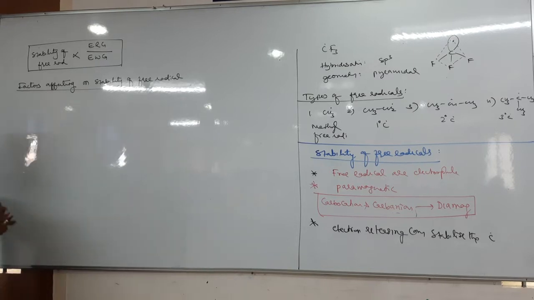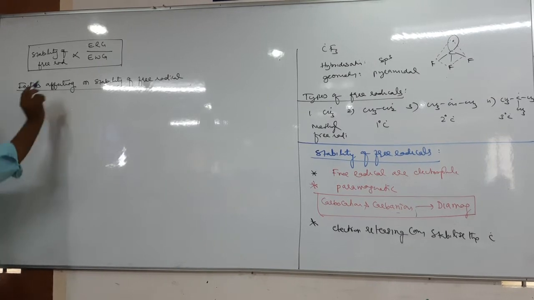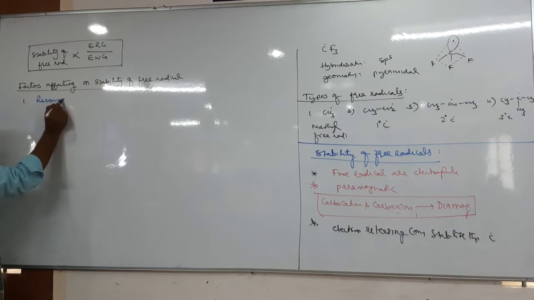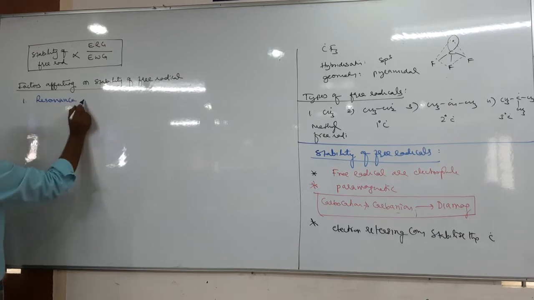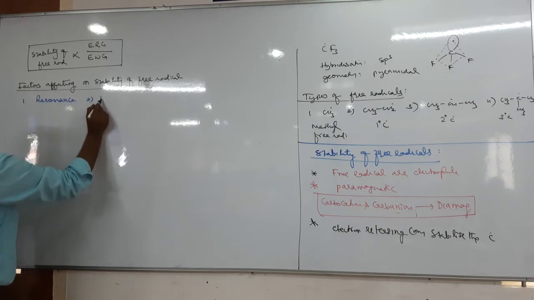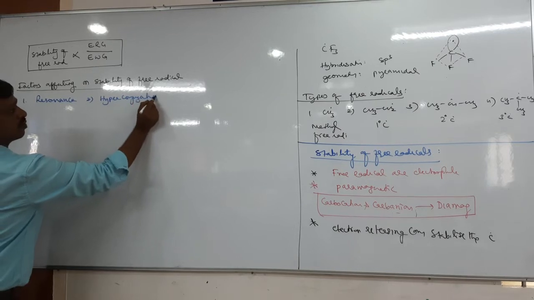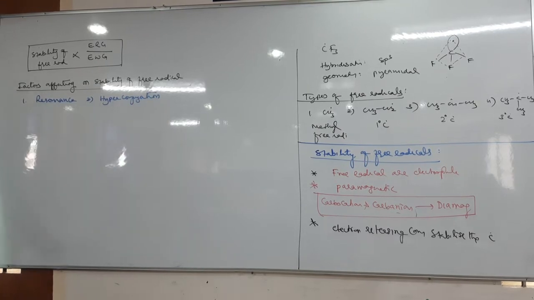There are two factors. One, let us take resonance, and two, hyperconjugation. Resonance and hyperconjugation, these two are the factors affecting the stability of free radical.